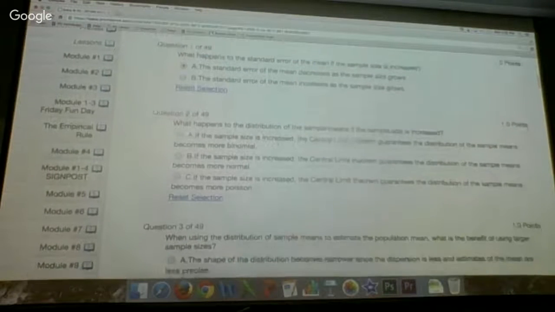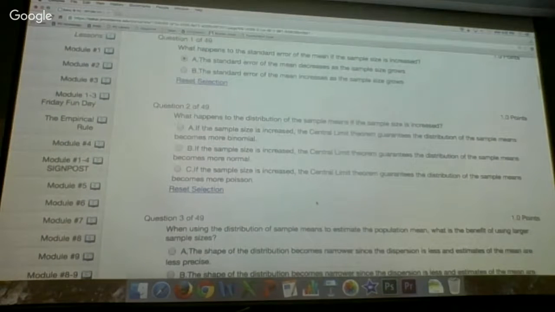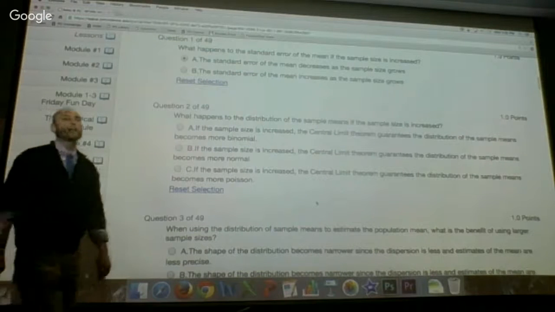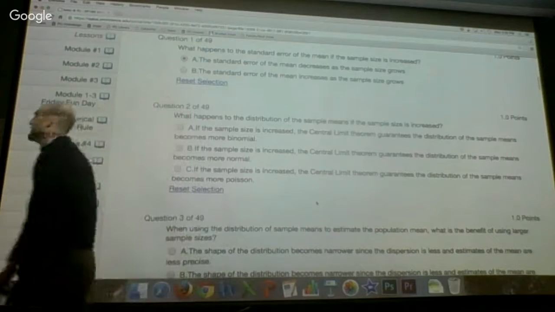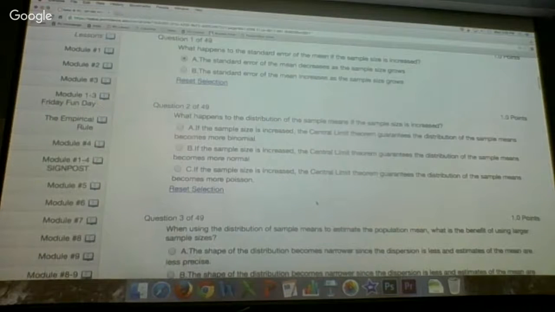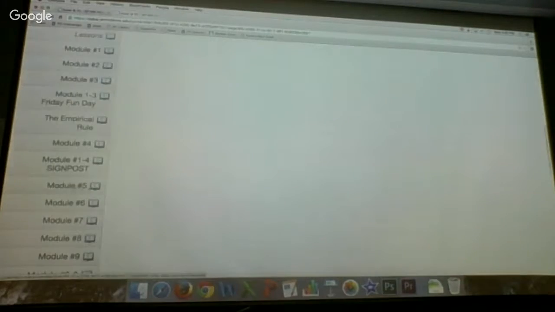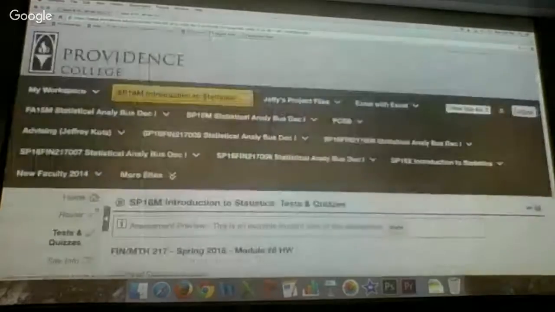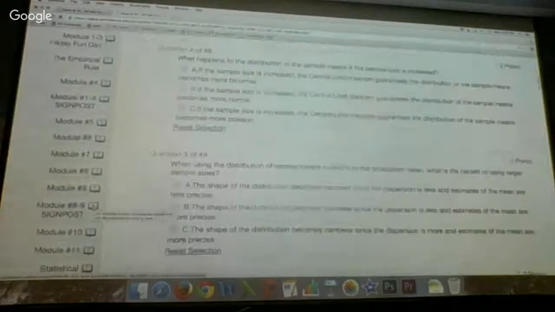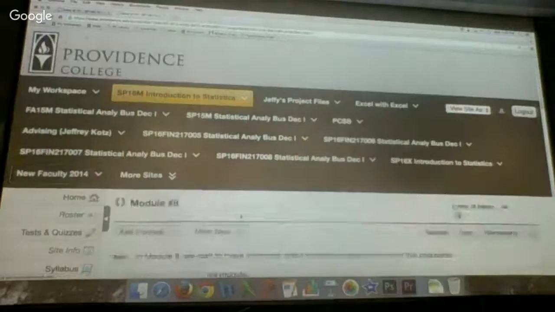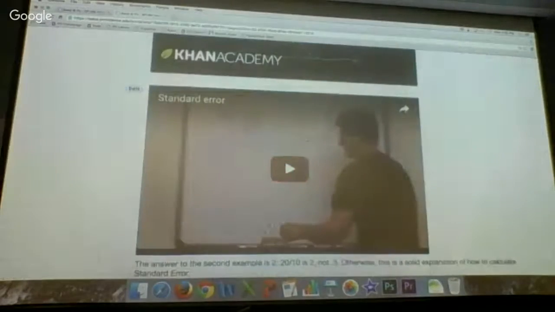Number 2, what happens to the distribution of the sample means if the sample size is increased? Again, this goes back to those blue dots. Each one of those blue dots in that simulator represents a sample mean. So I can actually go to that thing as opposed to talking about it, I can show you.